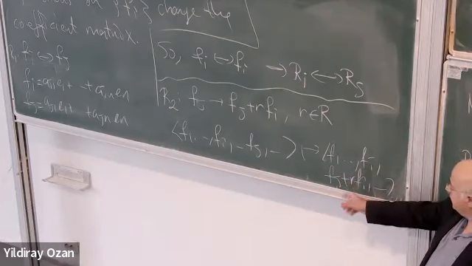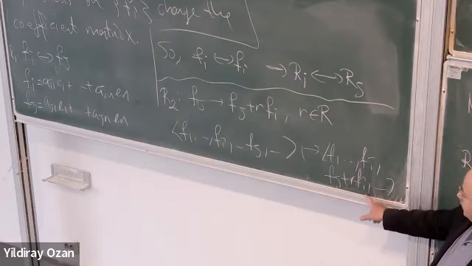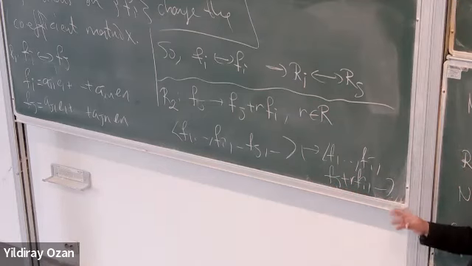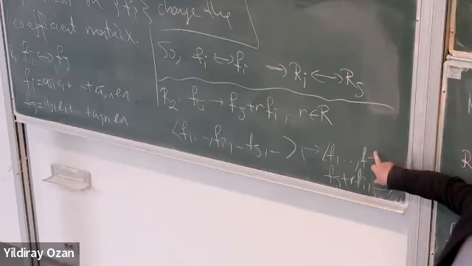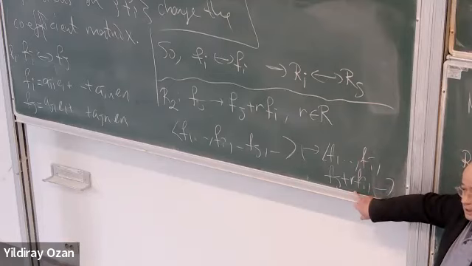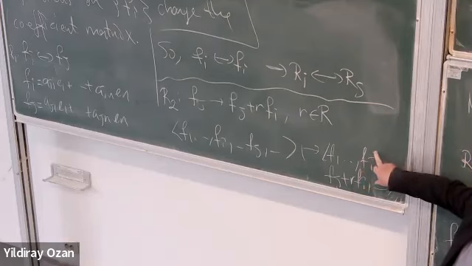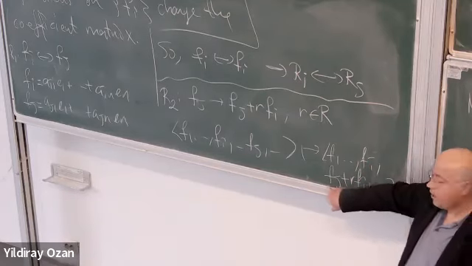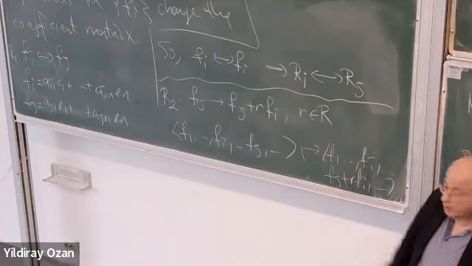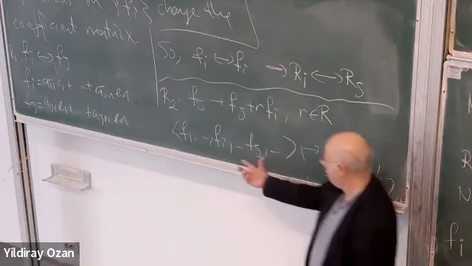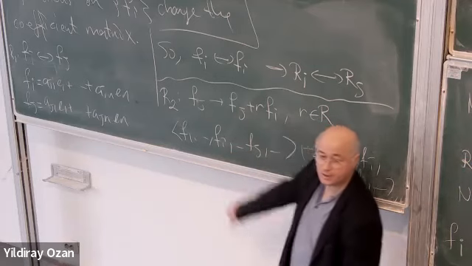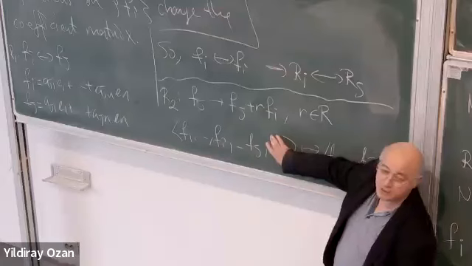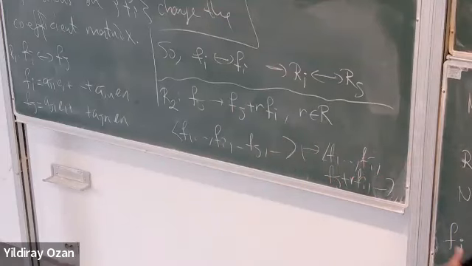Because replacing f_j by this element actually doesn't change anything, because f_j is still here: I can just multiply this by minus r and add to this element and I get f_j. And this element, of course, is here. It is just this element plus r times this element. Therefore, this generating set and this generating set generate the same submodule. Tamam mı?